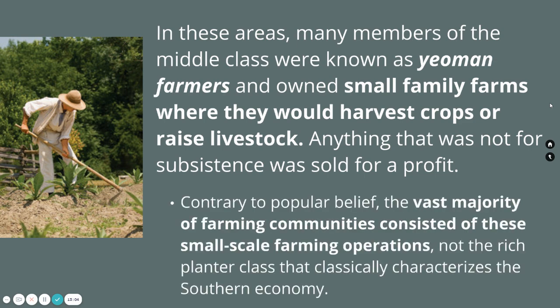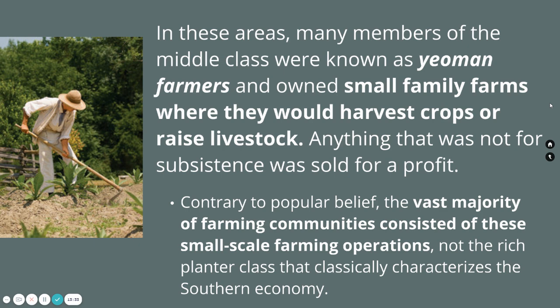And again, contrary to popular belief, a lot of times when we think about the agricultural model of the American colonies, we think about that kind of aristocratic Southern planter. But this is not the case for the vast majority of people that were in those farming communities. They were these yeoman farmers. Again, small family farms. Some of them might have had enough money to actually purchase indentured servants to bring them on over to serve as workers.